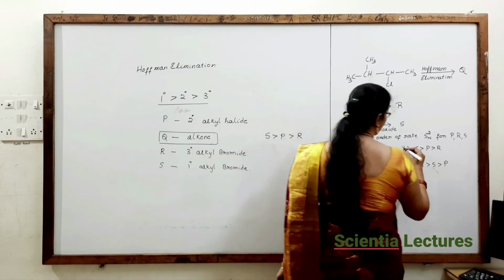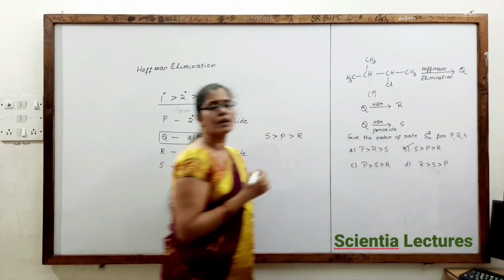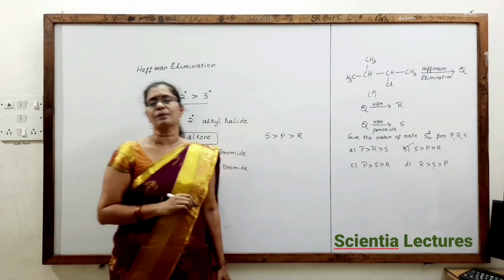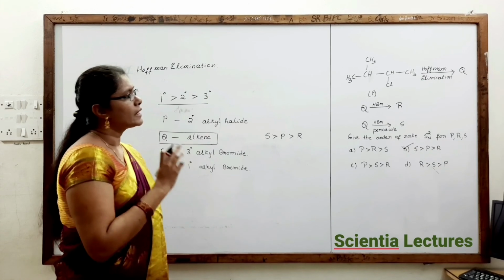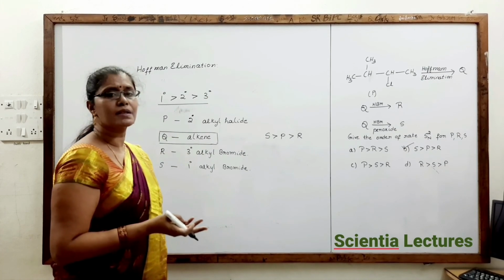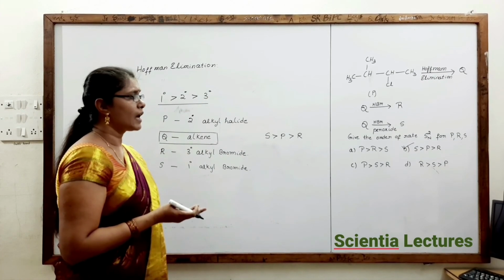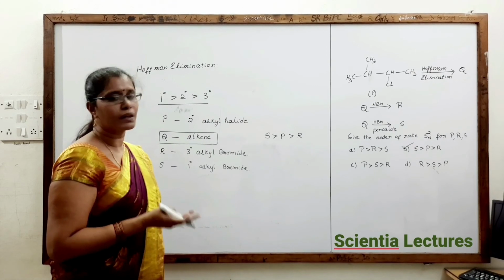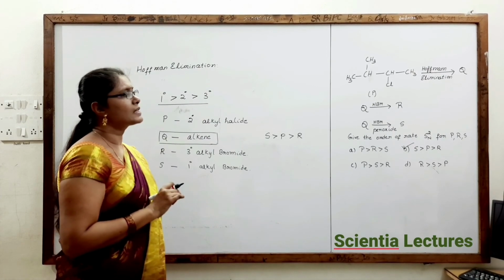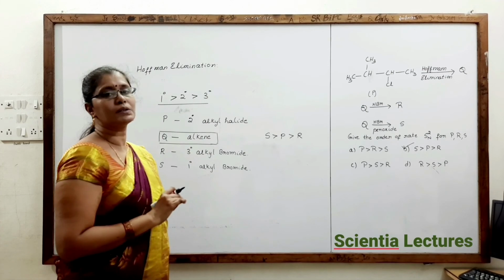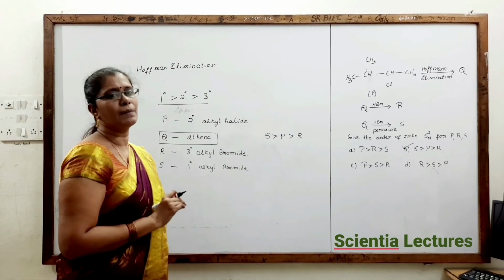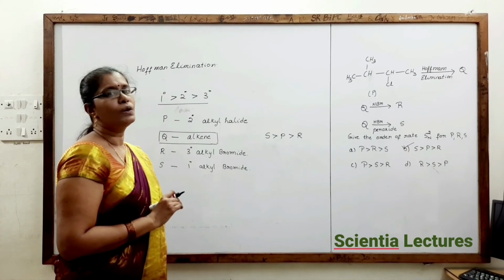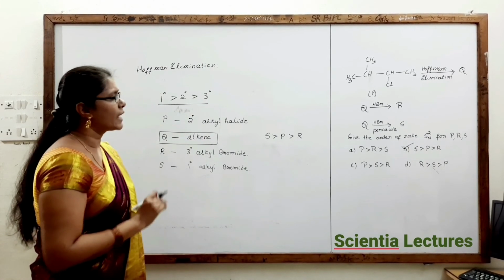So answer is B. Therefore, we can say that B is the correct option for this question. Check that carefully. In this, we should know what is Hofmann elimination, HBr in the absence of peroxide, how it should undergo the mechanism, as well as HBr in the presence of peroxide, it undergoes anti-Markovnikov mechanism and it forms primary alkyl halide. So, you need to understand that.